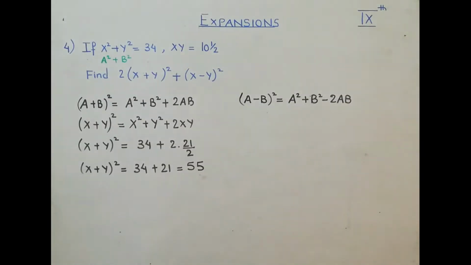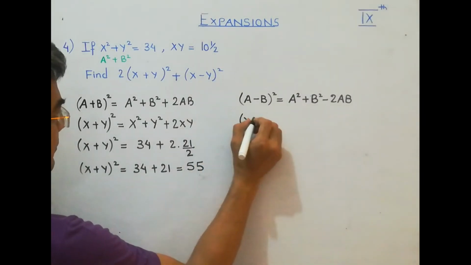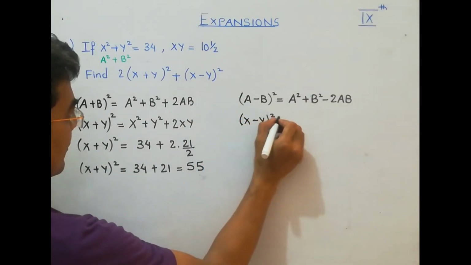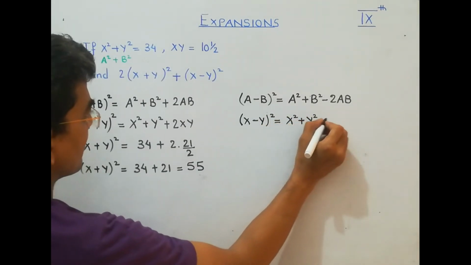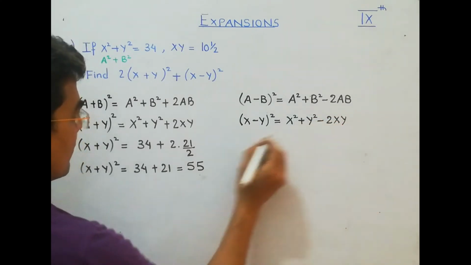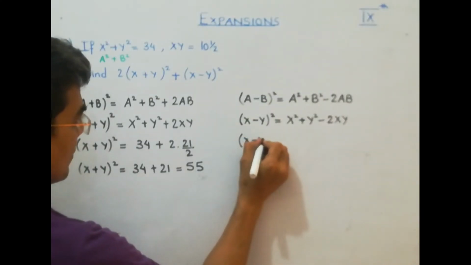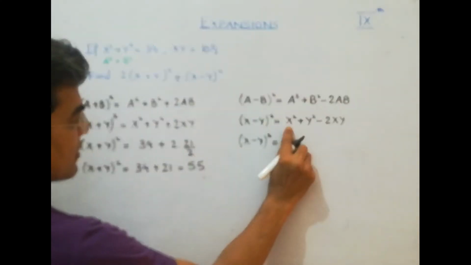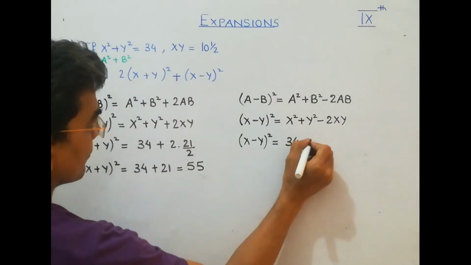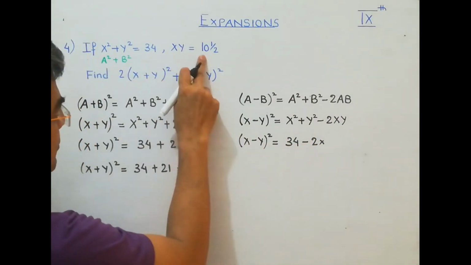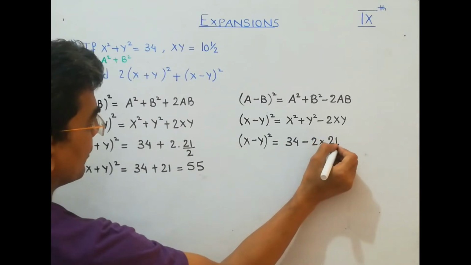Now as we know in this question, a is to be replaced by x and b is to be replaced by y. So let's replace it. x square plus y square, that is known to us, 34, and x into y is 21 upon 2.